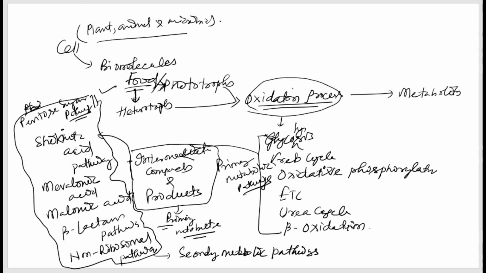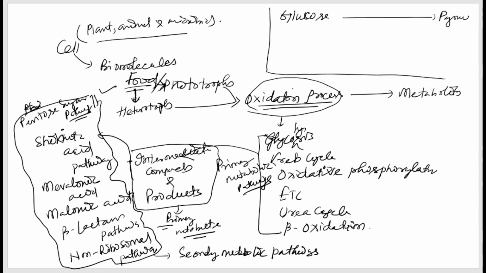If we take examples of primary metabolites and secondary metabolites, I will mention a few examples of primary metabolites. Suppose we are taking glycolysis, where glucose is converted to pyruvic acid.